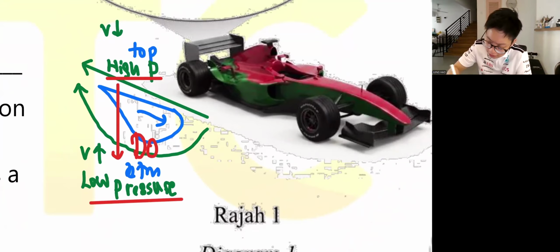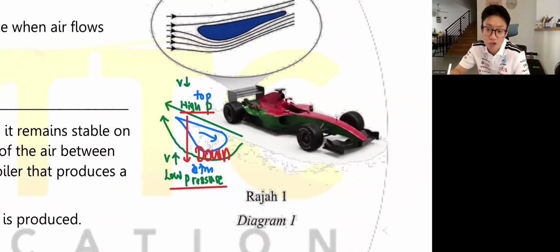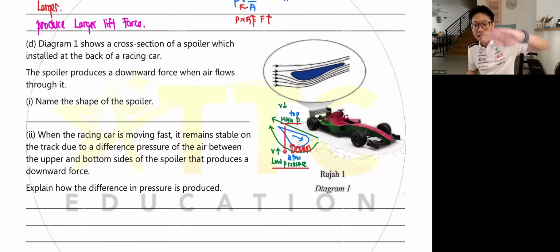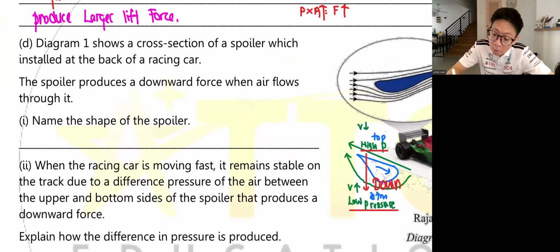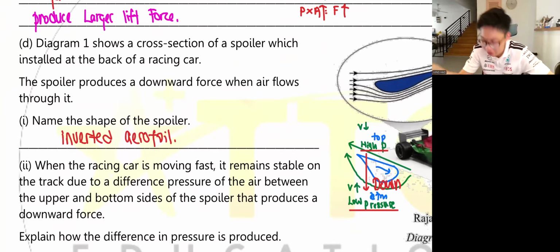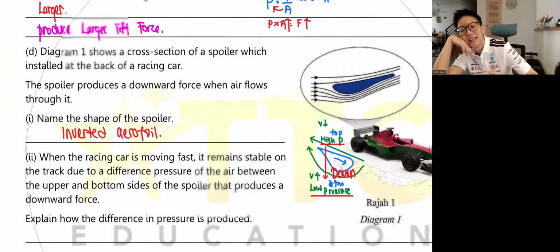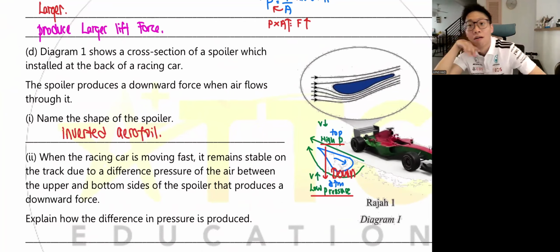So you will generate something we call downforce. Okay, so this is the upside down of an aeroplane wing. So we call this the inverted aerofoil. Instead of it going up, this thing goes down.